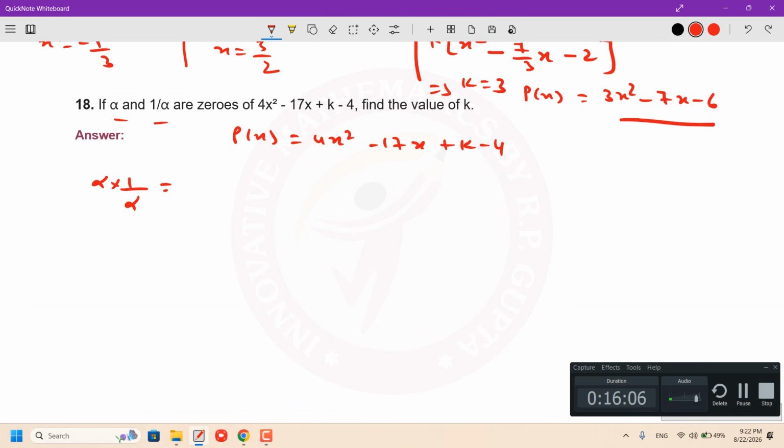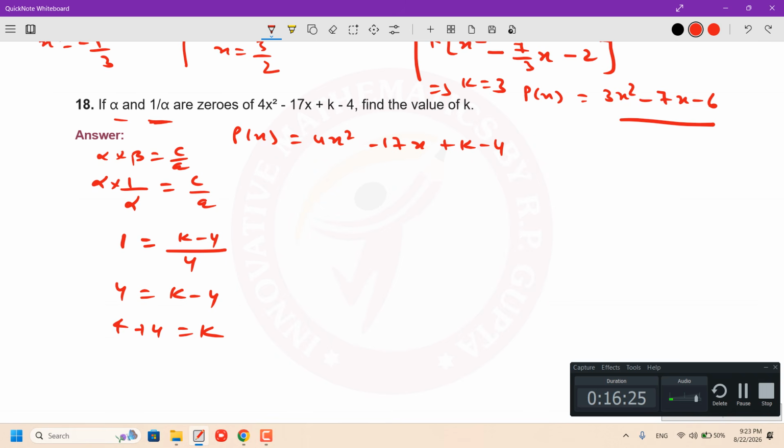So alpha into beta is equal to c upon a. The value of beta is 1 upon alpha, so both cancel and 1 equals c, the value of which is k minus 4 upon 4. So 4 equals k minus 4, so 4 plus 4 equals k. So k equals 8.